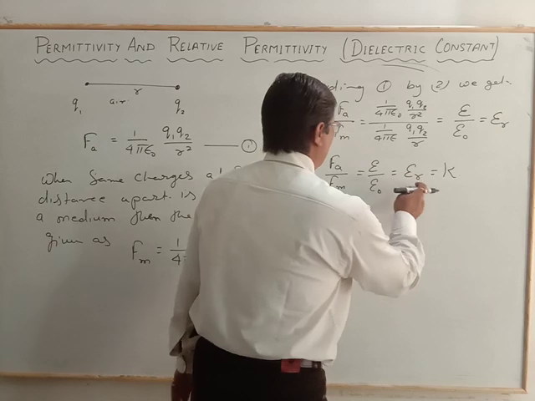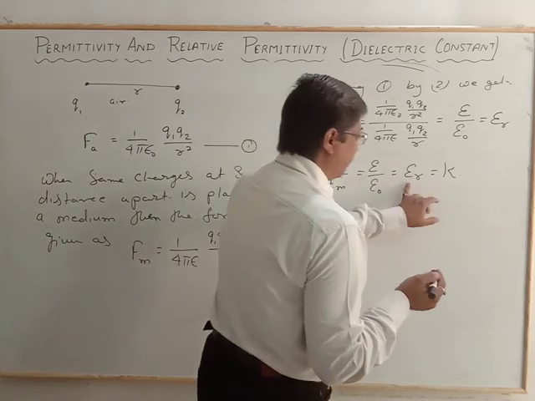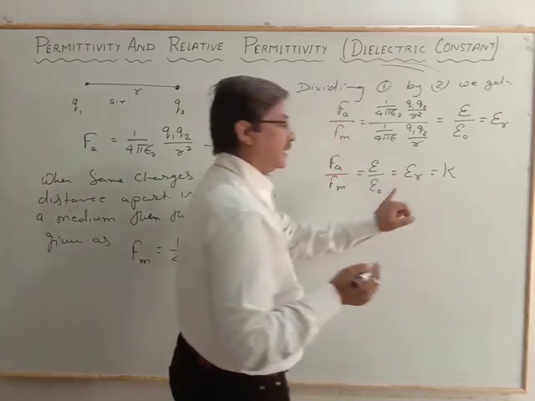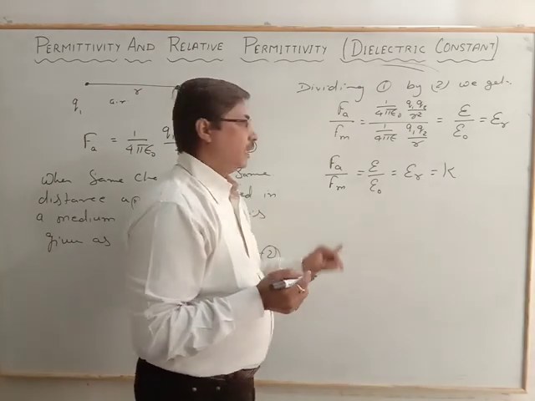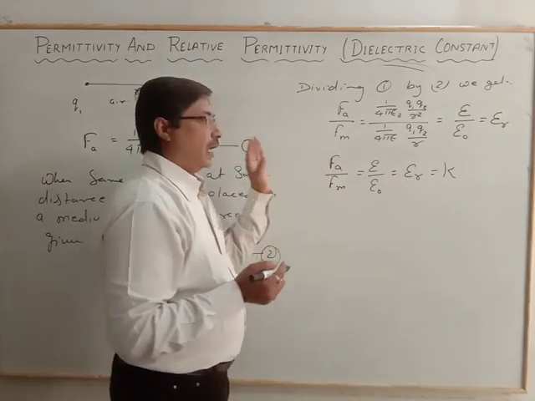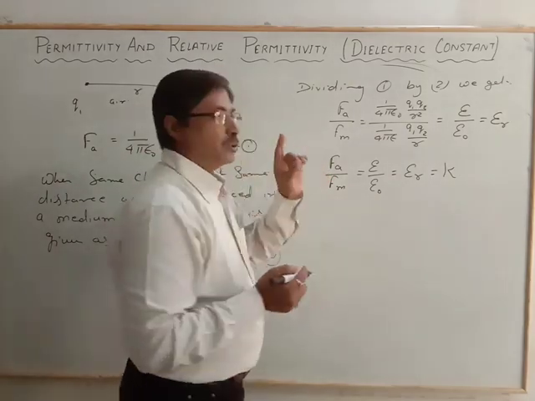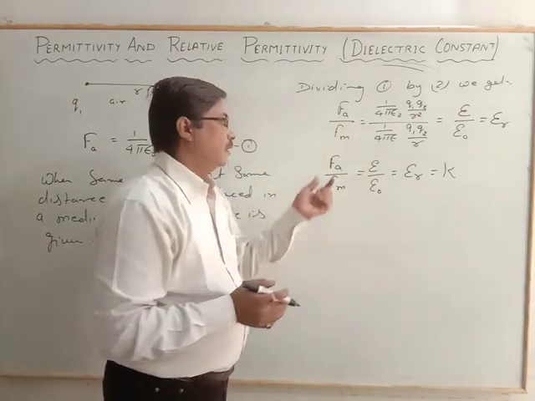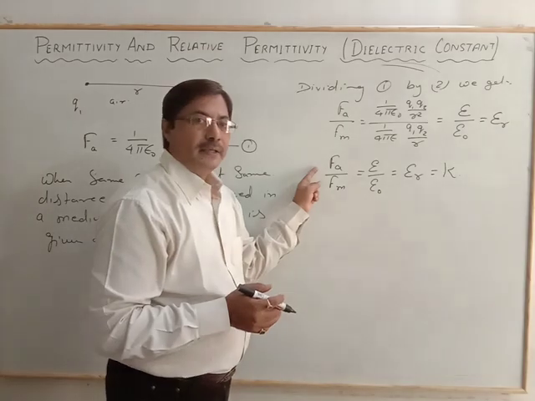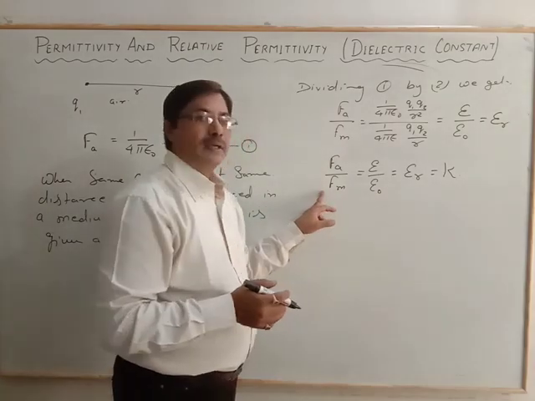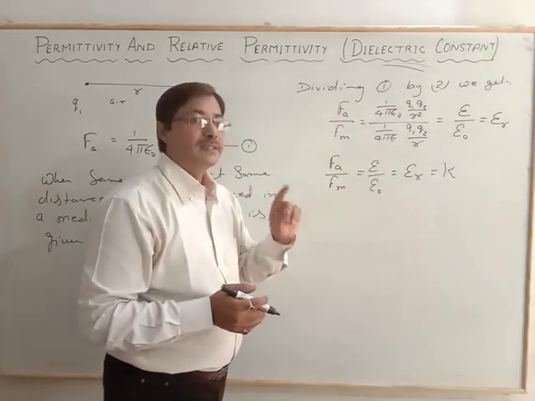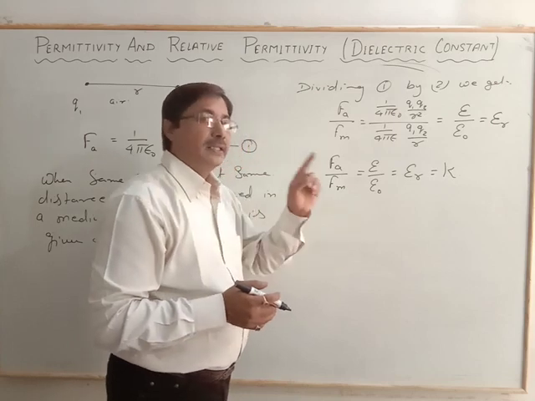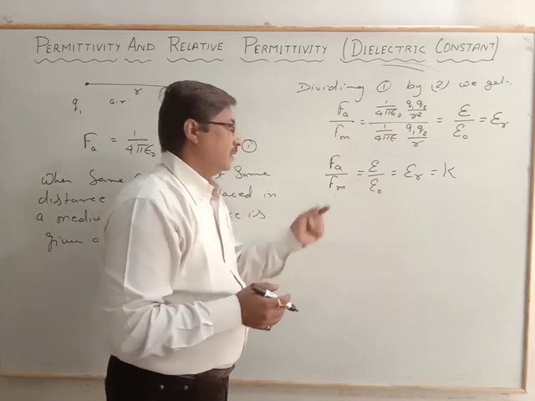What conclusion do we come to? That the relative permittivity is the ratio of the force between two charges at a constant distance when placed in air to that of the force between the same two charges at the same constant distance in the medium.